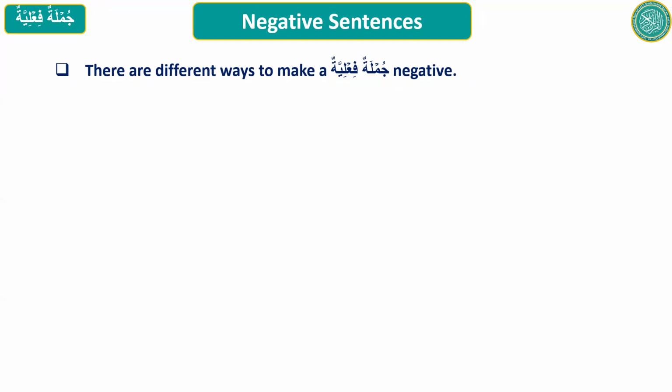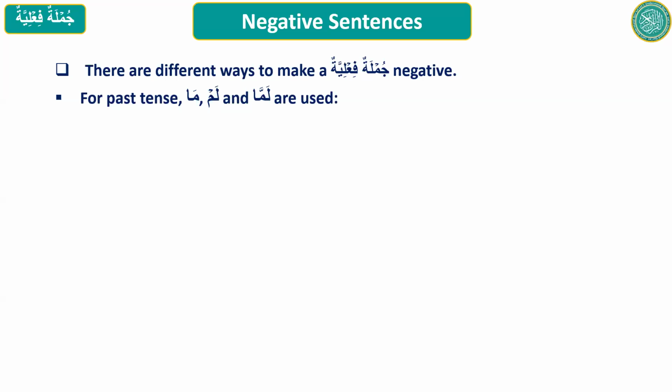So now today we are going to learn how to make a Jumla Fi'liya negative. You know, a Jumla Fi'liya is a sentence which starts with a fi'l. So if we have a past tense, al-fi'l al-madi, in the sentence, then how do we make it negative?